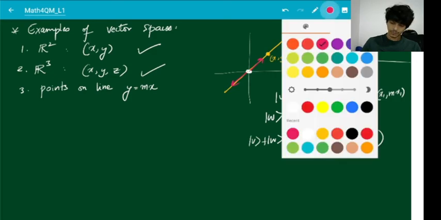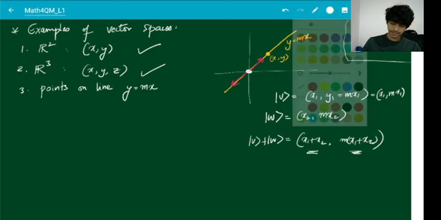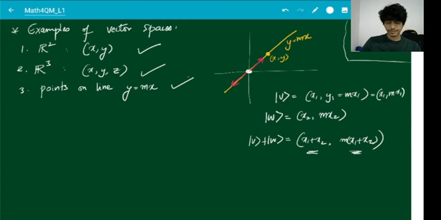Therefore, all points of this kind, y equals mx, form a vector space. The line y equal to mx represents a vector space. So whether it's y equal to x, y equal to 2x, anything, any of them is a vector space.